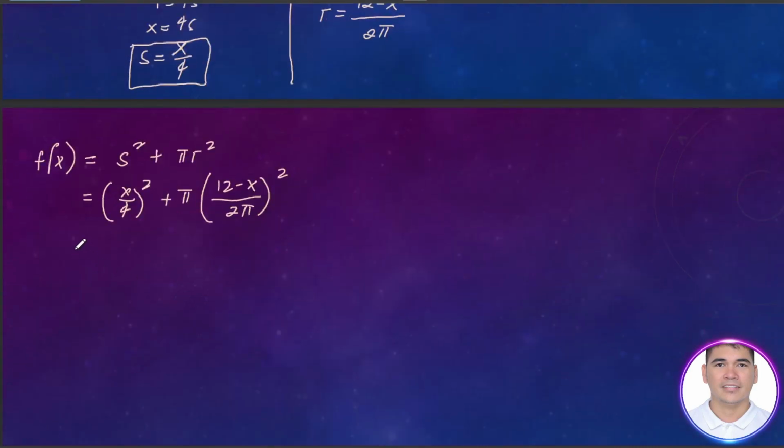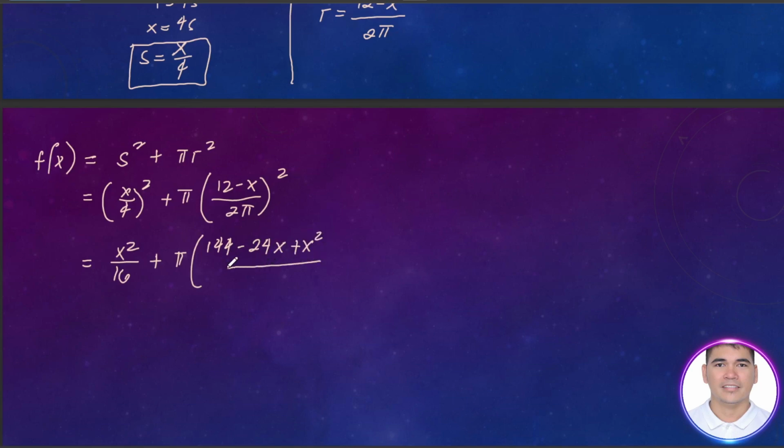Then we solve. We get x squared over 16 plus pi times the square of 12 minus x over 2 pi, which is 144 minus 24x plus x squared all over 4 pi squared.